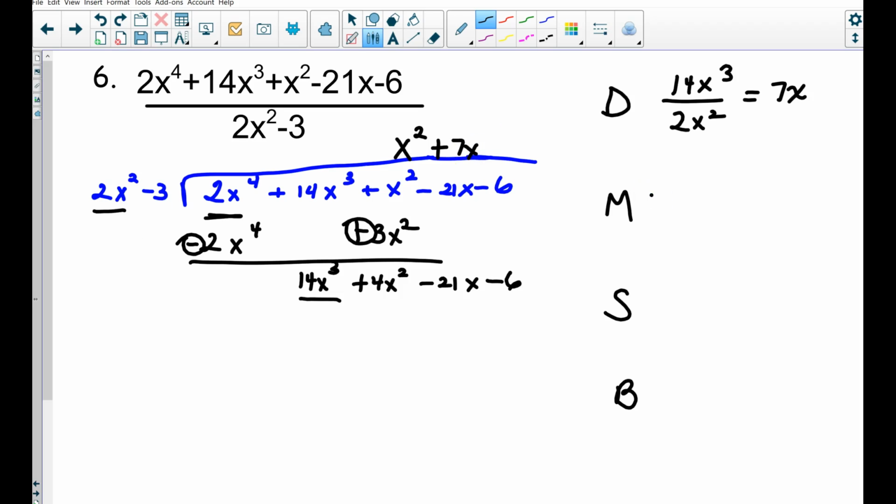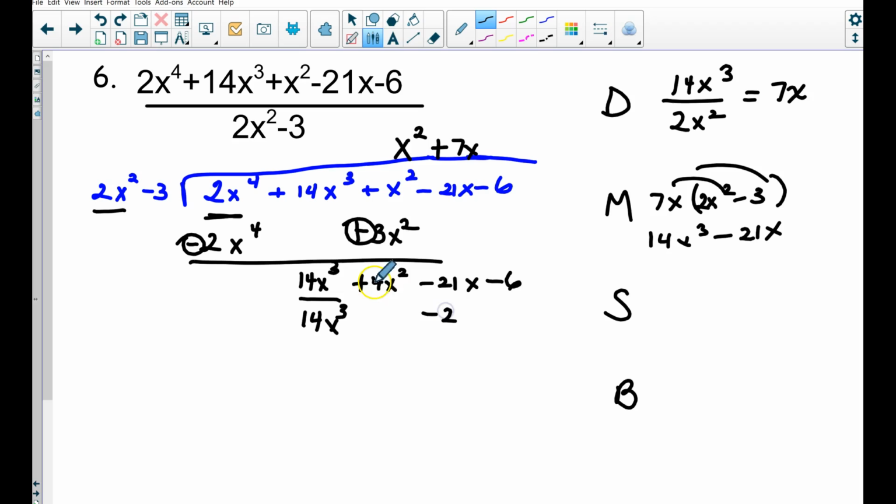I'm now multiplying. I'm up to that stage. That becomes 14x cubed minus 21x. I'm going to take that result and carefully line it up under this new dividend.